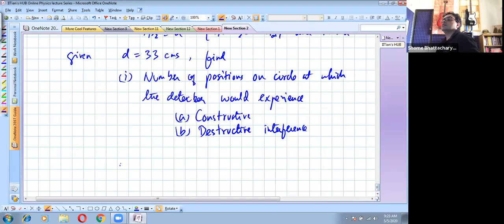And second, find the angular positions for constructive interference.